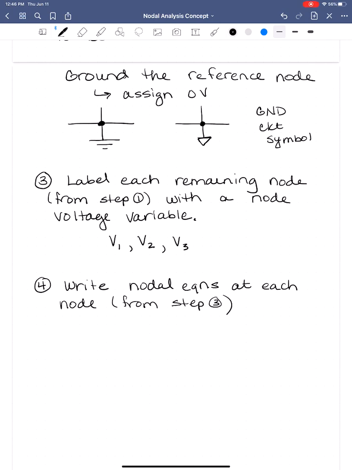What we're going to do differently than we did for brute force is I like to use the version of KCL where we sum the currents leaving the node. You don't have to do it this way, but this is the way I'm going to work the problems in class. I think this is the easiest way to do it. So that's our KCL version: we're going to sum the currents leaving the node.